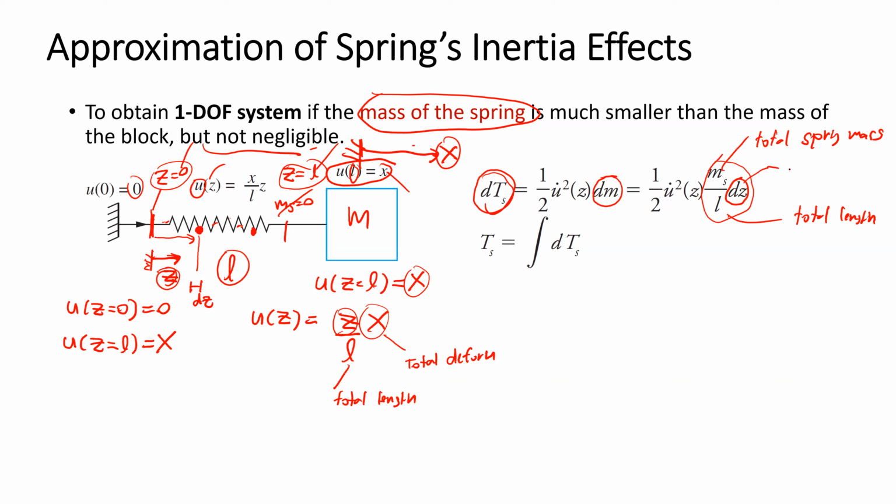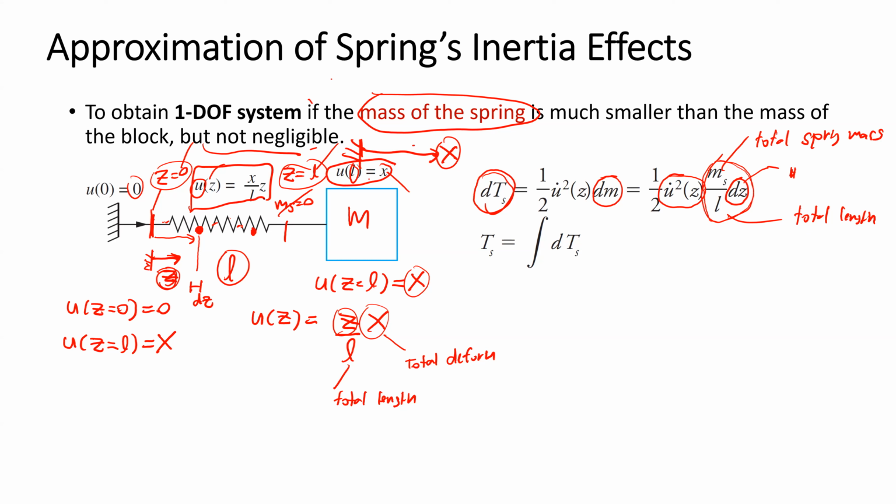And the velocity of each small mass is equal to the velocity at that z position. We form u(z) simply by linear propagation.